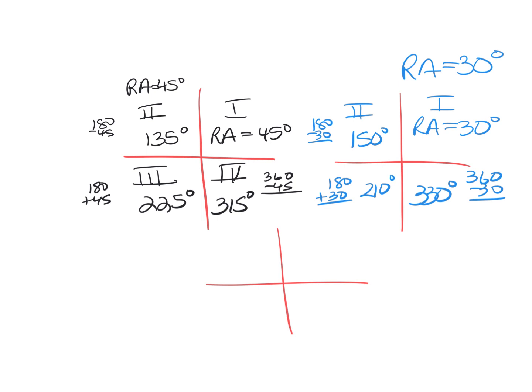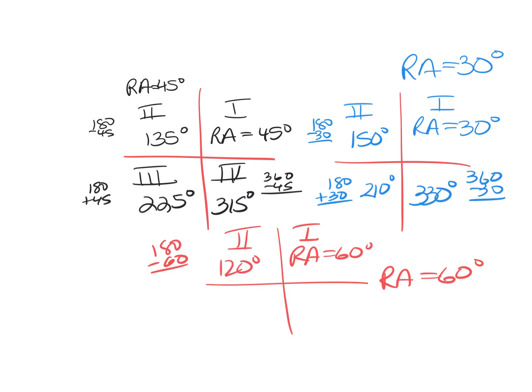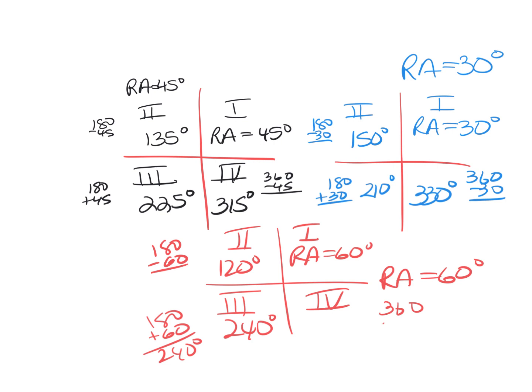And then the last one, when your reference angle equals 60 degrees, so reference angle is in quadrant 1. Quadrant 2, remember it's 180 minus that reference angle. So 180 minus 60, and you get 120. And then in quadrant 3, it's 180 plus 60, and you get 240. Then in quadrant 4, you could do 360 minus 60, and it's 300.